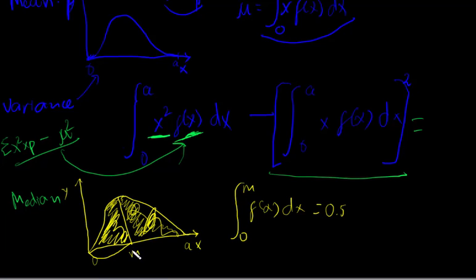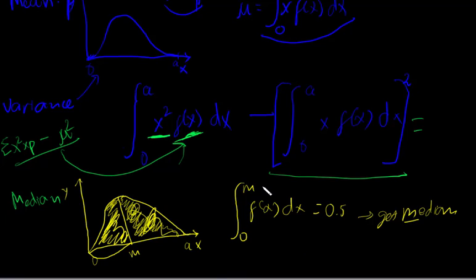Similarly, from m to a, this area is also equal to 0.5. So all we need to do to solve for m is to replace it into this equation and get m. So m will then be the median of the graph.